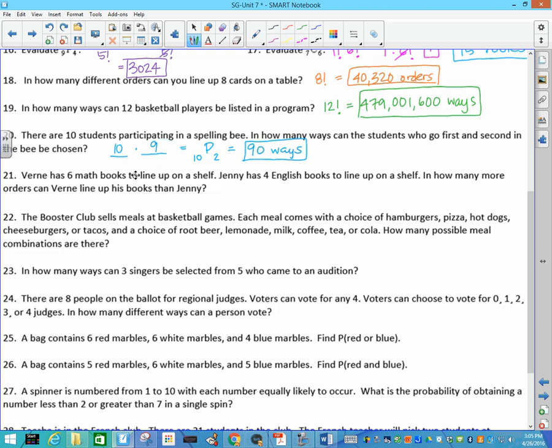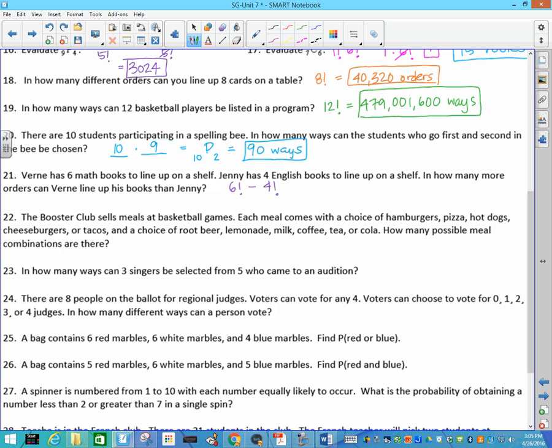Vern has 6 math books to line up on a shelf. Jenny has 4 English books to line up on a shelf. How many more ways can Vern line up his books than Jenny? Okay, so we've talked about lining up on a shelf. The order matters. How many ways can he line them up? It's very similar to these problems. So basically what we're doing is 6 factorial minus 4 factorial. Again, use the button on your calculator.